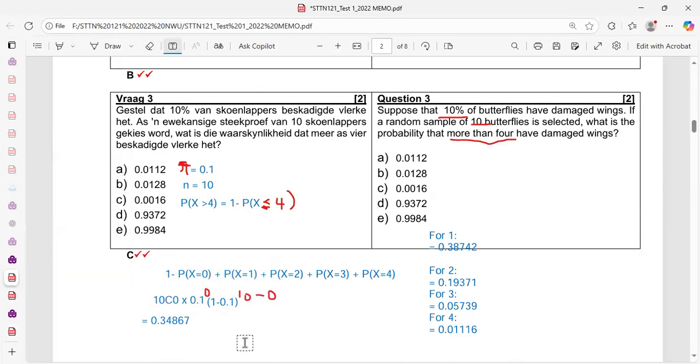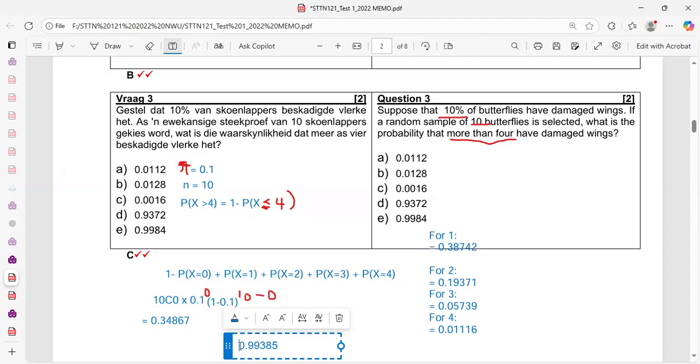When I add all of them, 0.34867 with 0.38742 and 0.19371, 0.005739 plus 0.01116, I got 0.99385. And then you'd be like, nah, I think it's there on option E.